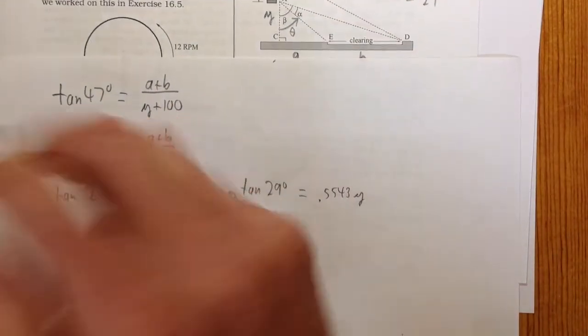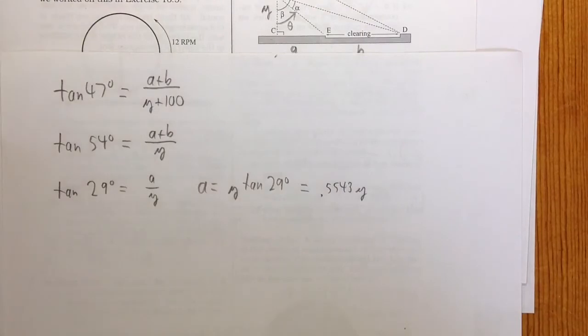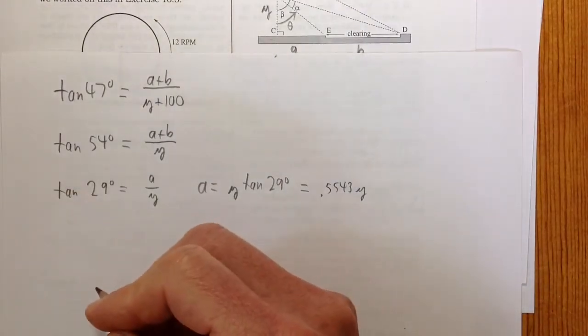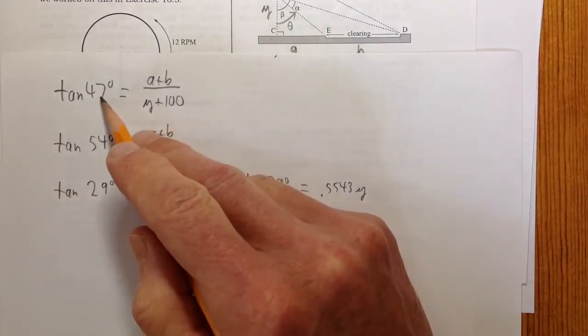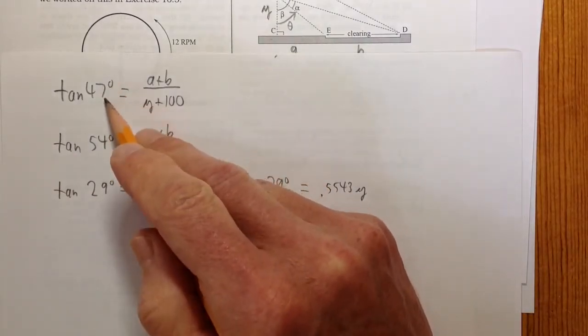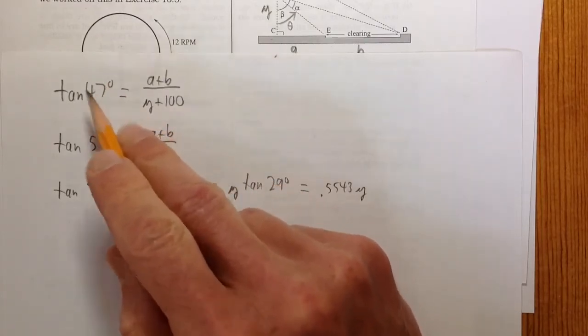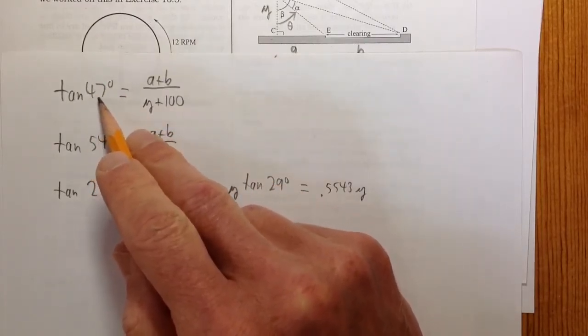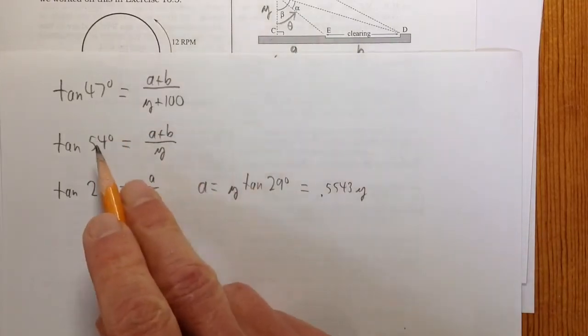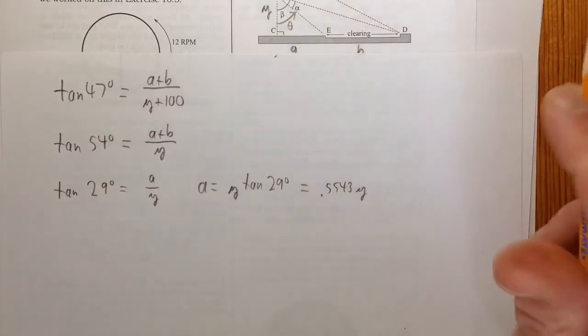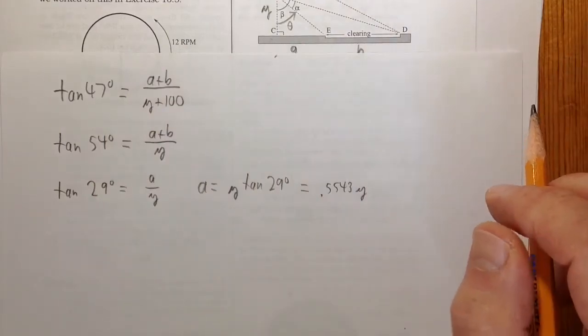So let's take the first one, tangent of 47 degrees. 47 is 1.072. Tangent of 45 is 1, because that's when the opposite's equal to the adjacent. It's an isosceles triangle. So any angle over 45 degrees, tangent's bigger than 1. The slope of an angle bigger than 47 degrees is greater than 1, so that makes sense.